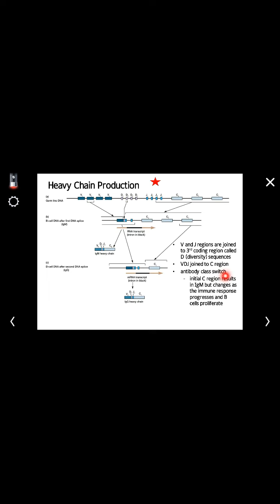Antibody class switch, from class beta to class Y. The initial C region results in an IgM, but changes as the immune response progresses and B cells proliferate.